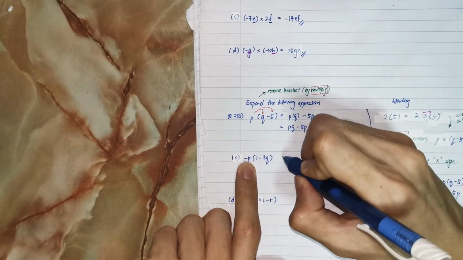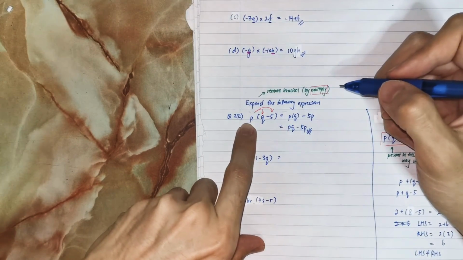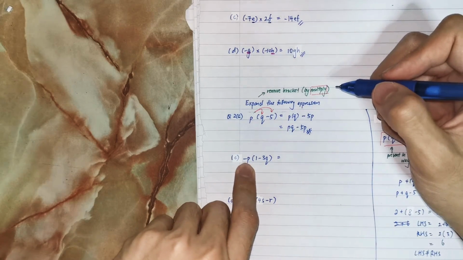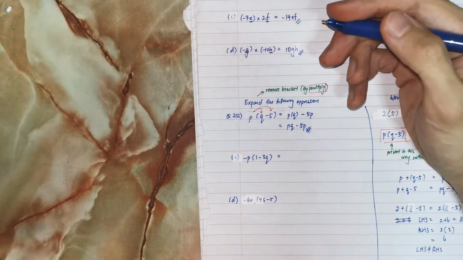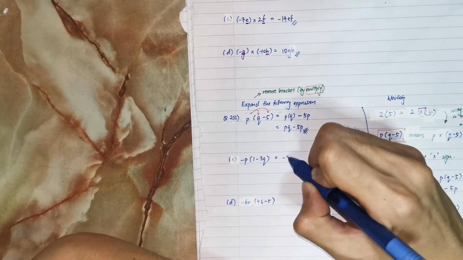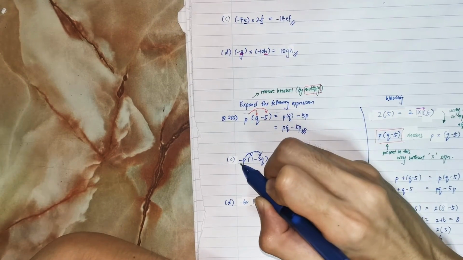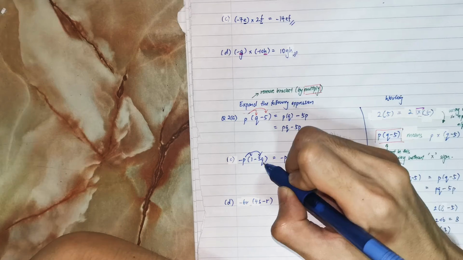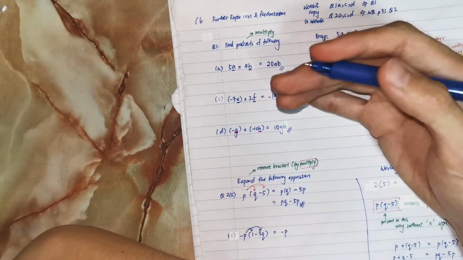Now the only thing that's changing is that instead of a positive p in front, I have a negative p. So I'm introducing another negative sign in front. Negative p times 1 will be negative p. Negative p times negative 3q: we tap back onto what we learned before.